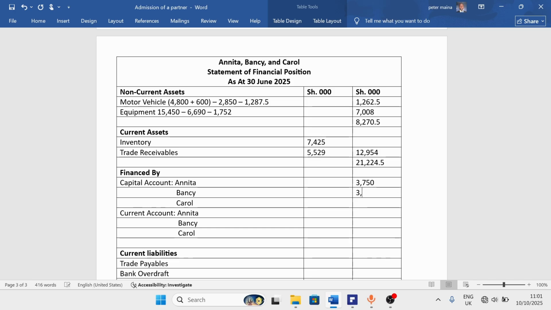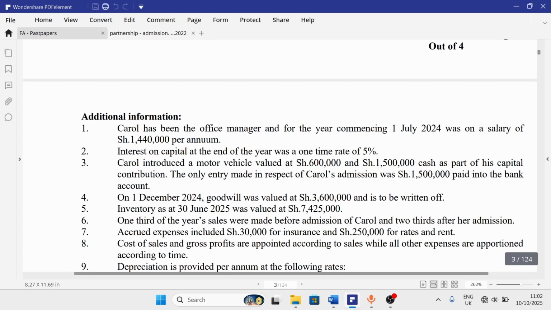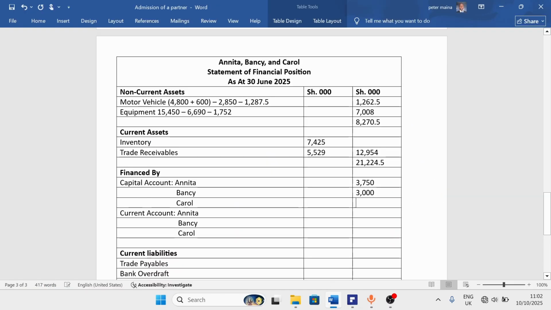Bansi, we have 3,000. And then for Carol, we are going to use the additional information, number 3. So we are going to add the capital in form of asset 600 and the capital in form of cash 1,500, which gives us 2,100.